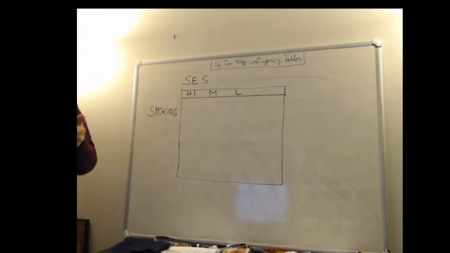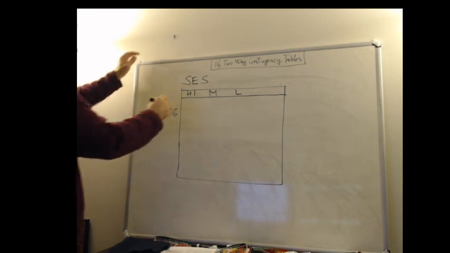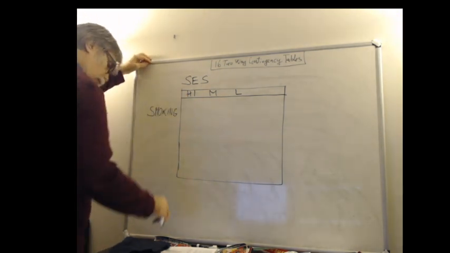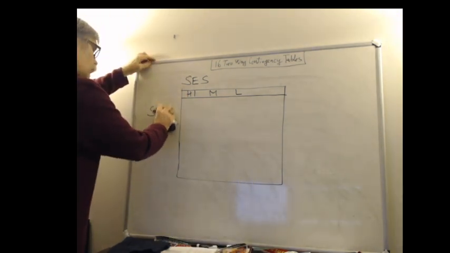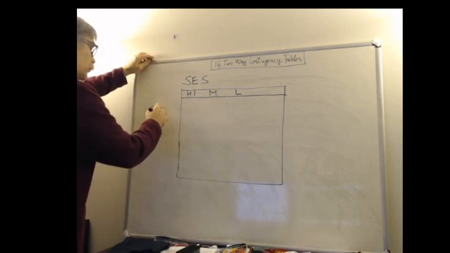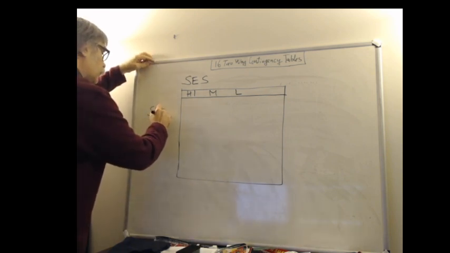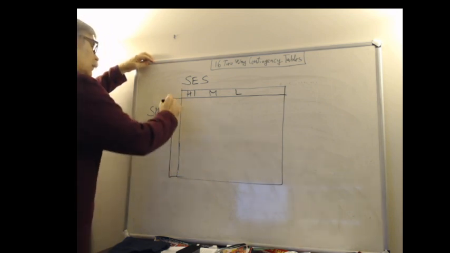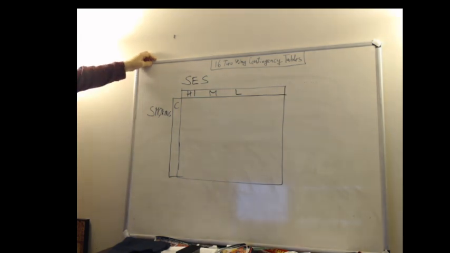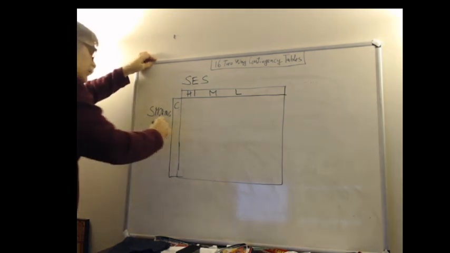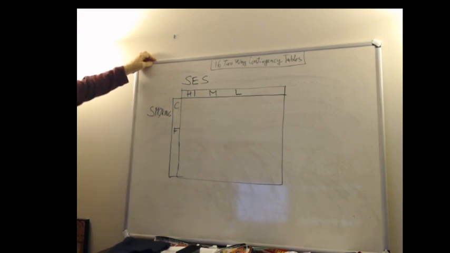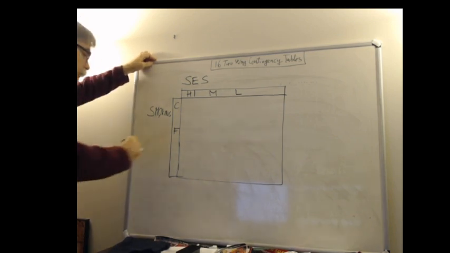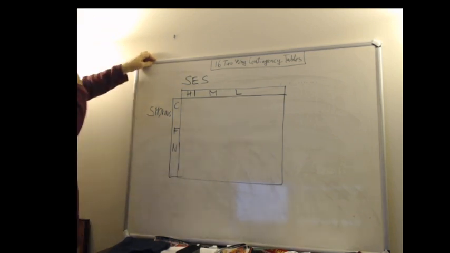Then I divided them also into 3 categories based on smoking: the current smokers, former smokers, and people that never smoked. Okay?